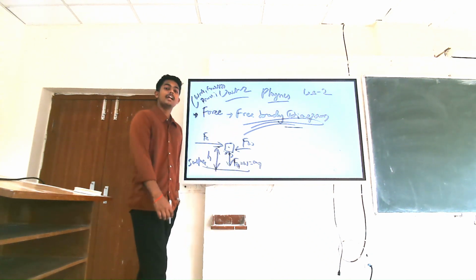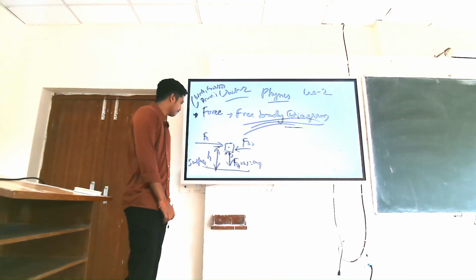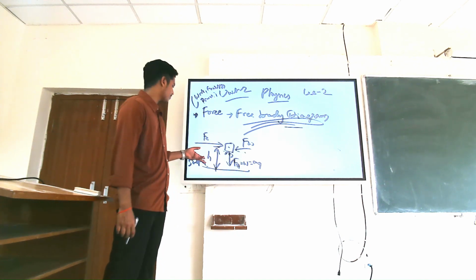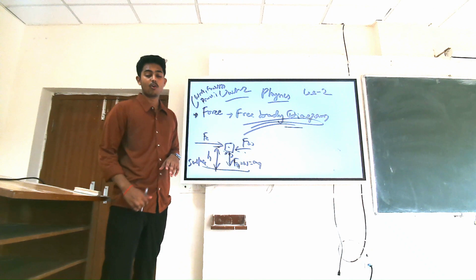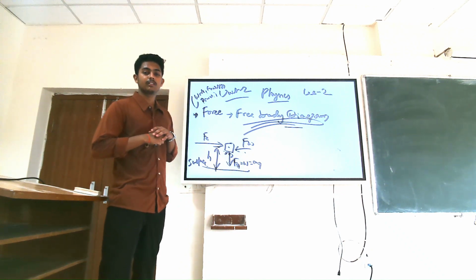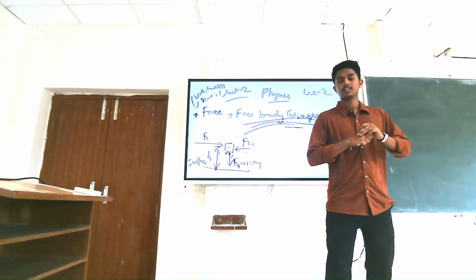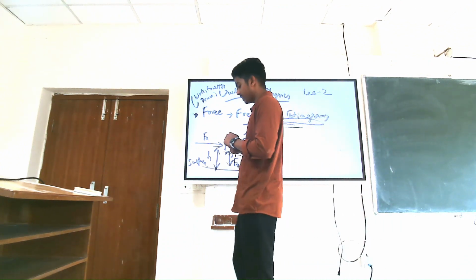This is the wind force, this is the external force that we are applying, and let's say some other force. What force will we take? The force which has to push it upwards.